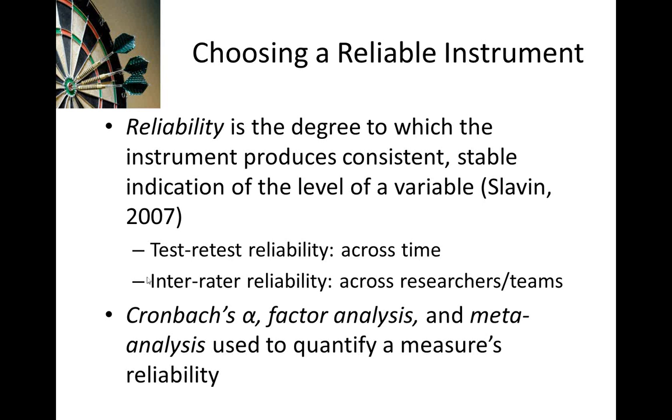So don't be surprised if you see these used in the same type of study. And finally, meta-analysis, like I mentioned, will sometimes be used to analyze a certain instrument. So there'll be a meta-analysis of an instrument, and you'll see that they indicate how reliable a certain instrument is.